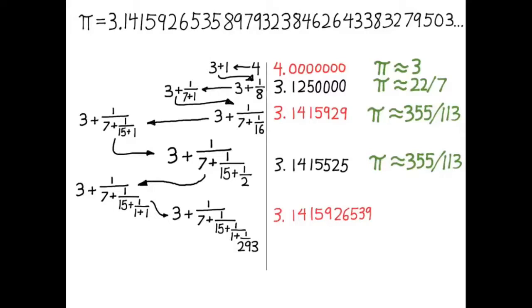So it's between 292 and 293. And we could just barely tell from the last digit that 293 is the better choice. And so the next exceptional rational approximation to pi is, wait a minute, I have to do some arithmetic here.